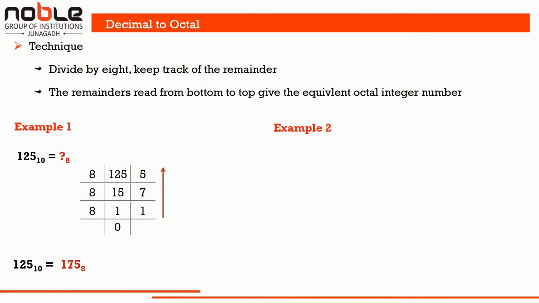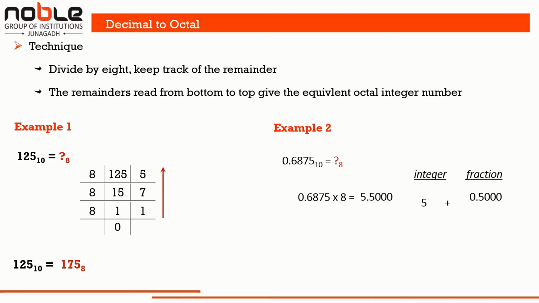Now let's take another example for understanding. 0.6875 decimal is equal to how much octal? 0.6875 multiplied by 8. It means we have to divide this number into integer and fraction: 5.5000.